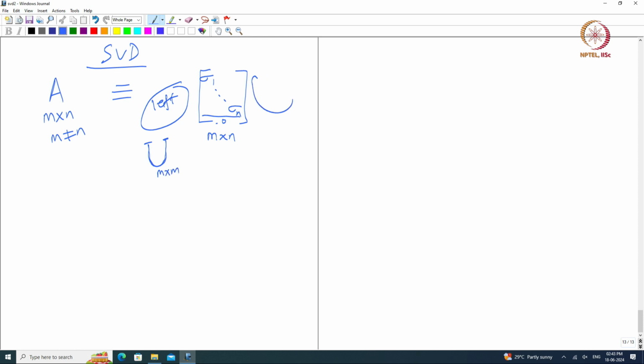On the right, this belongs to Rm. V, which is n cross n, and the vectors here belong to Rn, such that U transpose U is I m, V transpose V is I n.